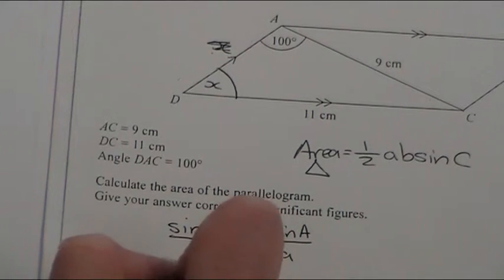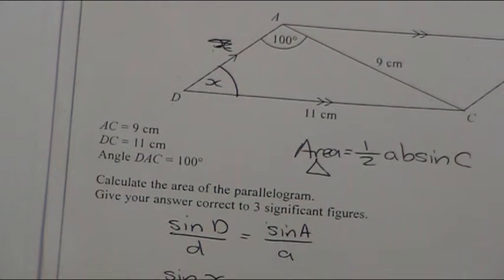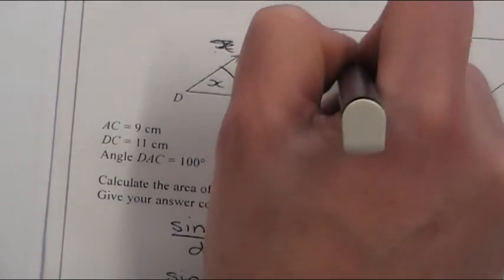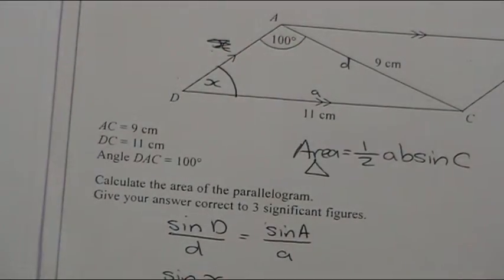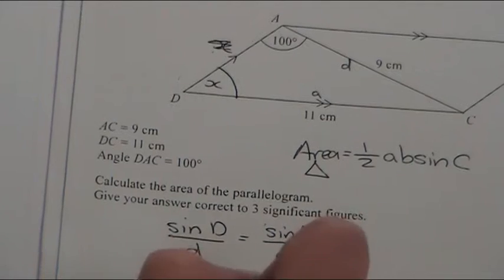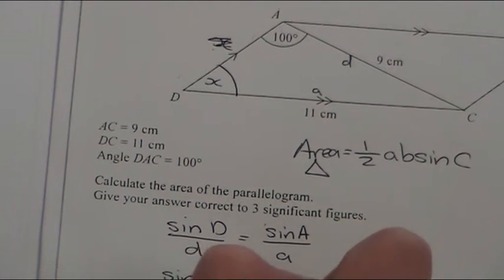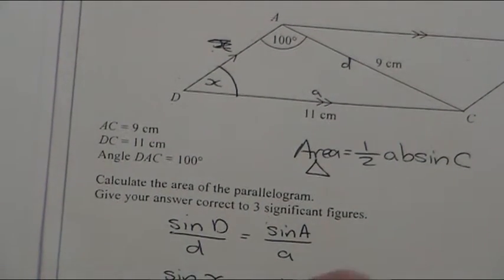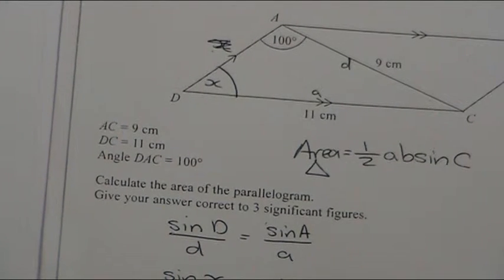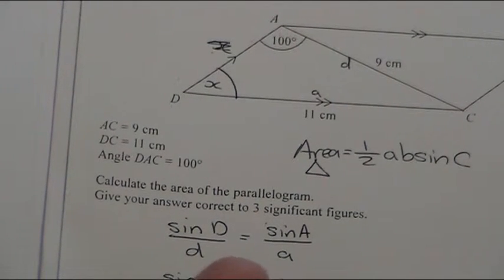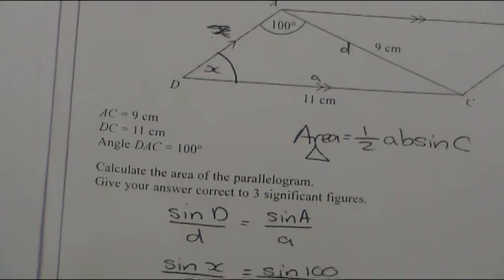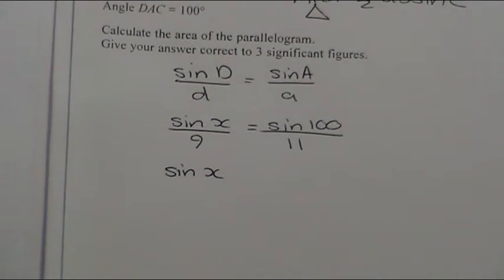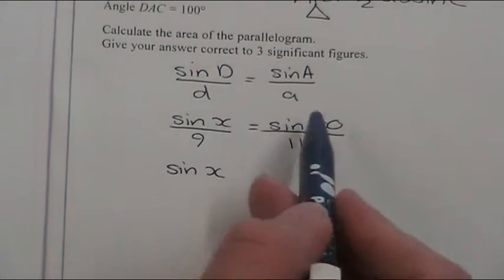So I don't know that's what I'm trying to find, but I know D is 9, this being D and this being little a. And I know A is 100, so I've got the sine of 100 over A, which I know is 11. So I know the sine of X, sorry, you just couldn't see any of that, I do apologise, but that's what I've just said verbally.